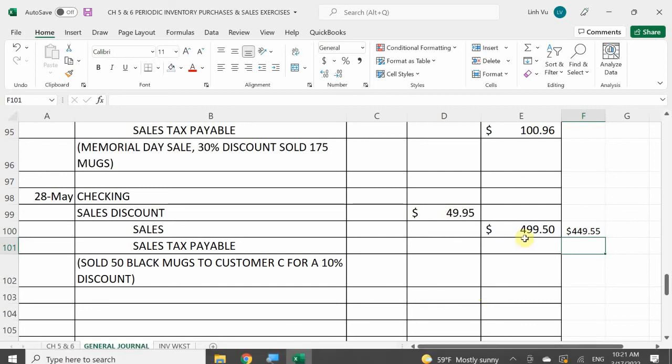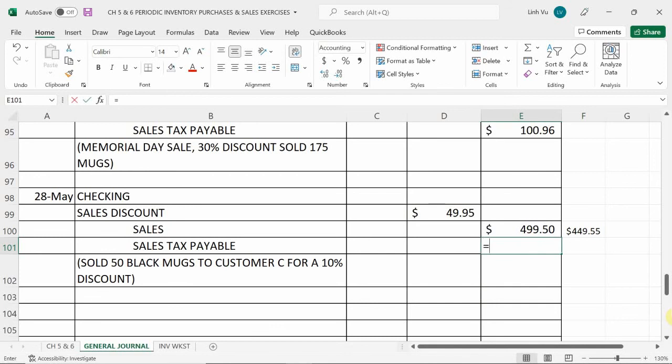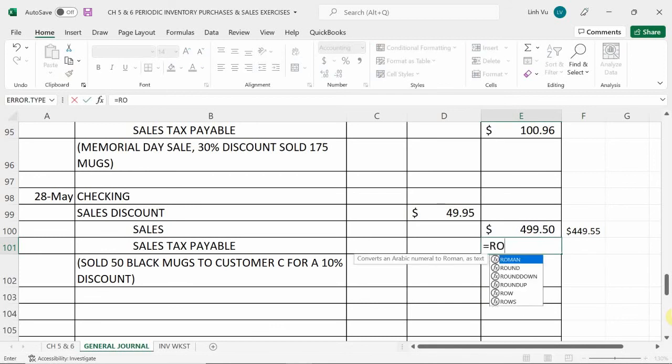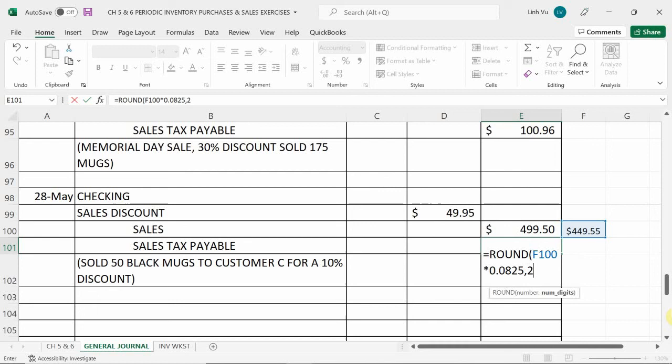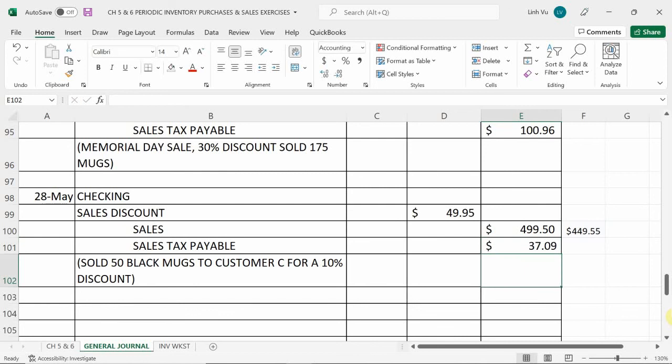So how much tax am I going to be collecting off the discounted amount? $37.09.